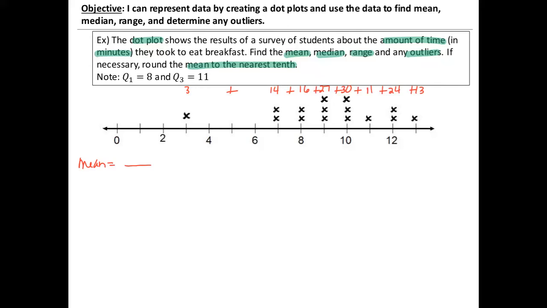And we have a total of 138. Yeah, 138 over 15. Okay, and we have 15 values. So go ahead and divide those for me. You guys get 9.2? Yeah, 9.2.